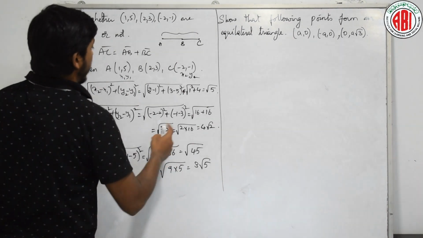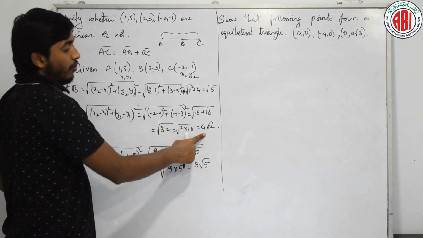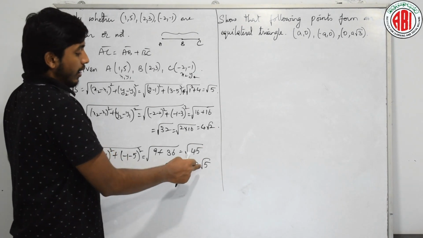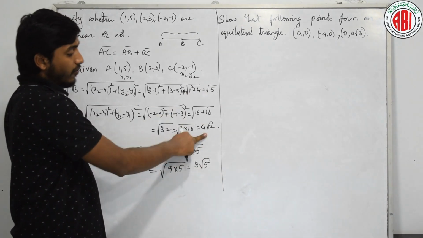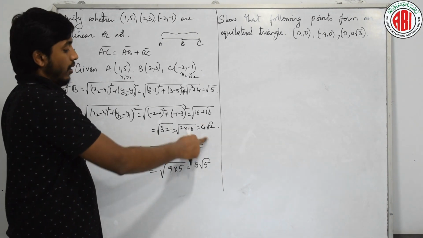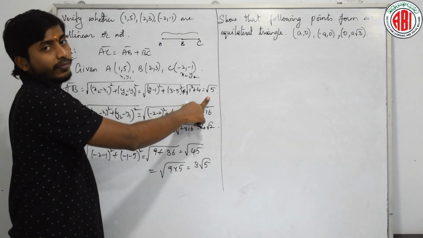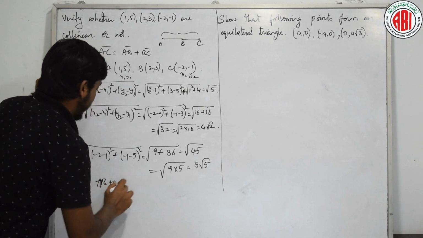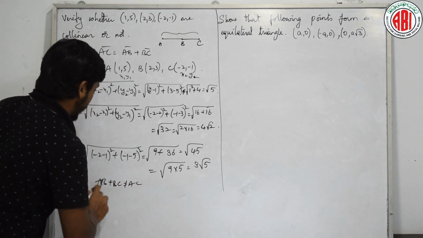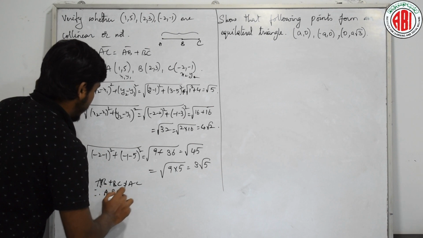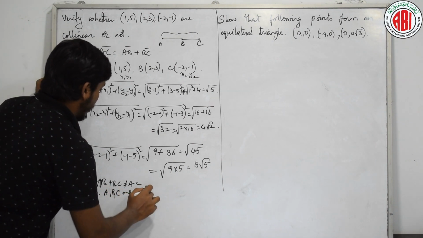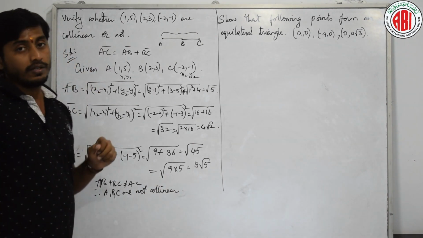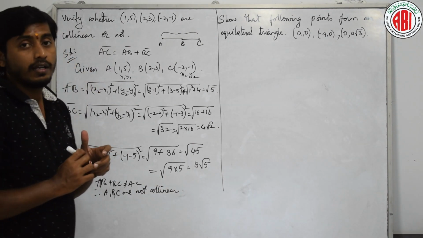Just check here. Root 5 plus 4 root 2, will it be 3 root 5? No. Or if we add 3 root 5 and root 5, do we get 4 root 2? No. Or else if we add these two, do we get this? No. Therefore here AB plus BC is not equal to AC. Therefore ABC are not collinear.